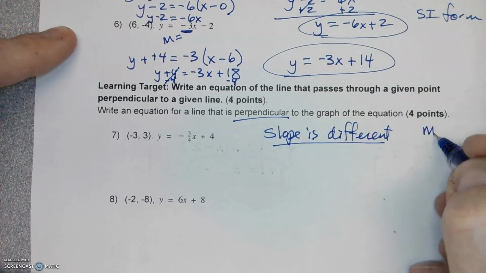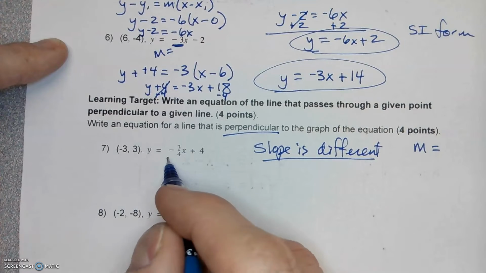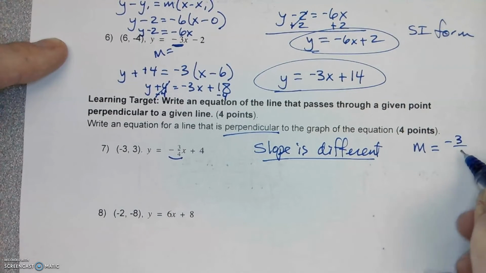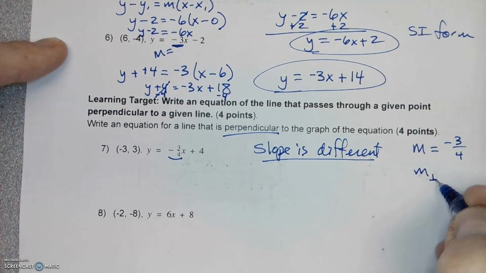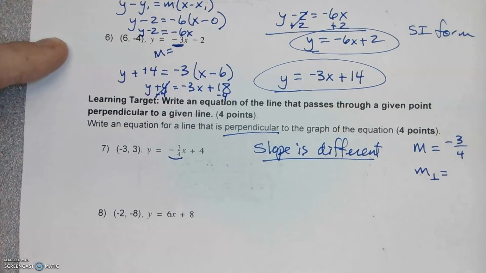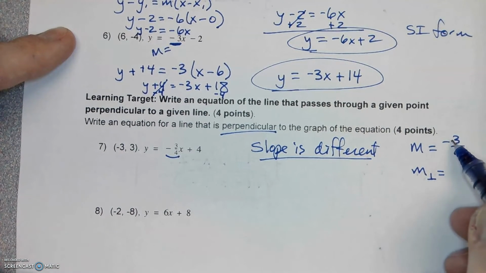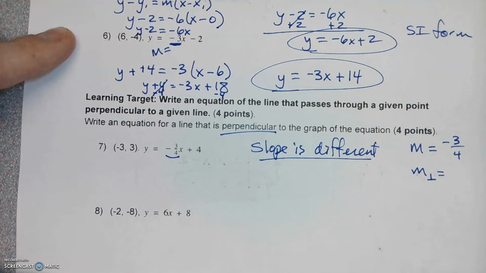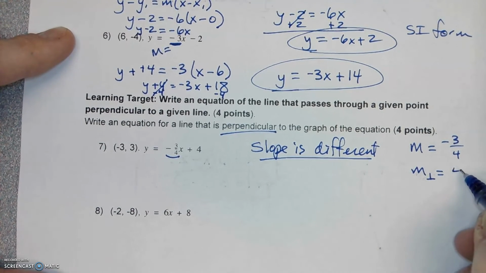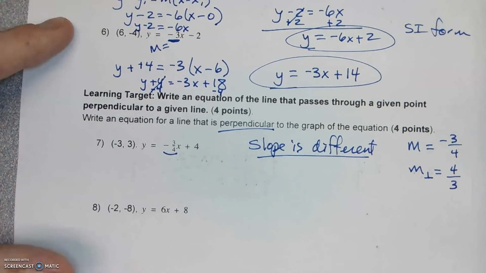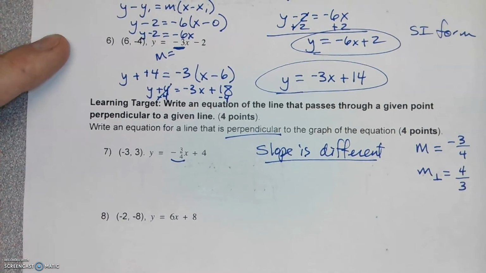If the original slope is, in this case, negative 3/4, your perpendicular slope, that's what this upside down T means, perpendicular, is the opposite sign of this and this flipped. So the opposite reciprocal, in this case, would be positive 4/3.